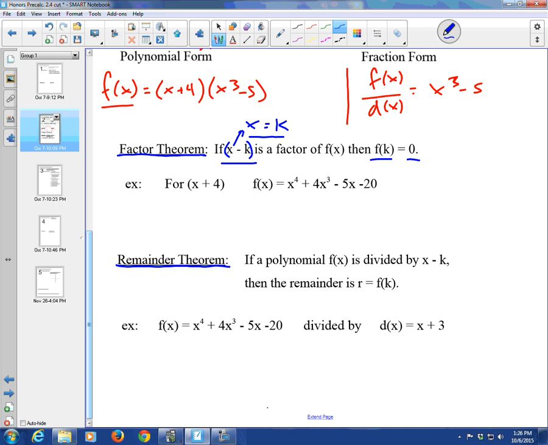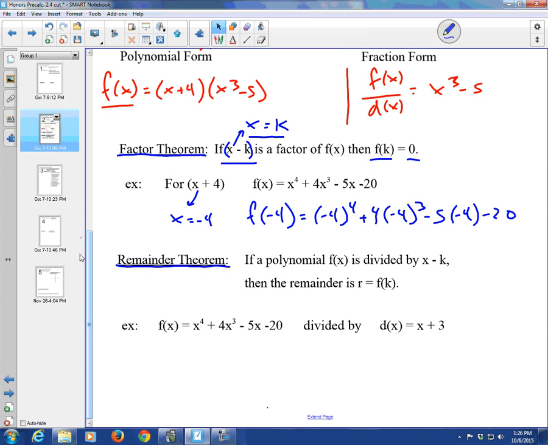So right here, we can use the example that we just saw to show this works. We'll take the 0 from our x plus 4. That's going to be x equals negative 4. We plug that into our function. We've got f of negative 4 equals negative 4 to the 4th power plus 4 times negative 4 cubed minus 5 times negative 4 minus 20.